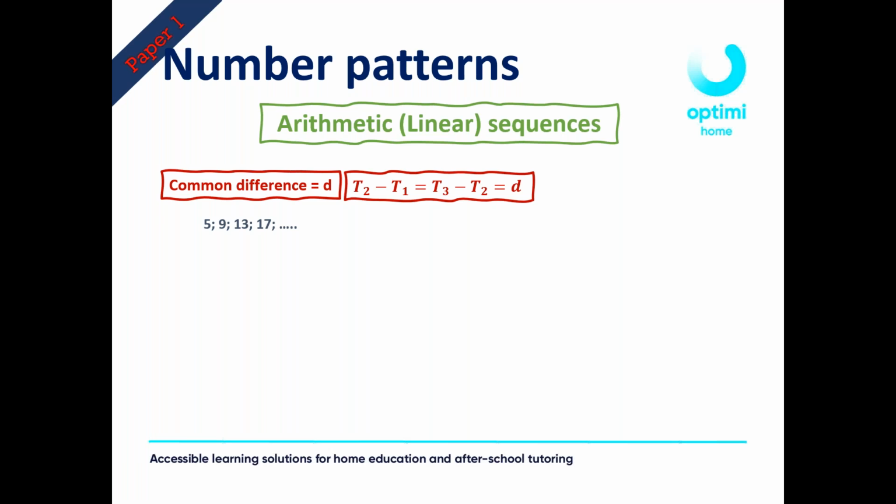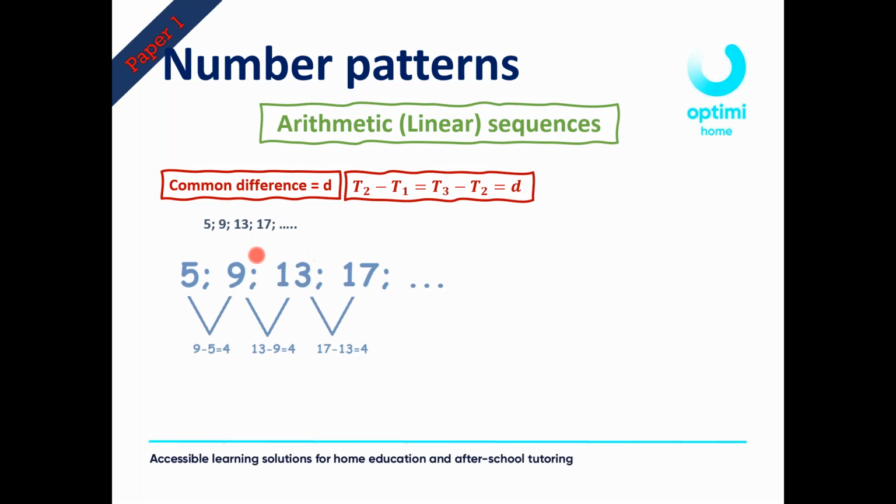To find out if this is a linear sequence, you subtract the first term from the second term, and the second term from the third term. This is the sequence that was given. I take the second term, subtract the first term, and I get an answer of 4. I take the third term, which is 13, minus the second term, which is 9, and it gives me a 4.